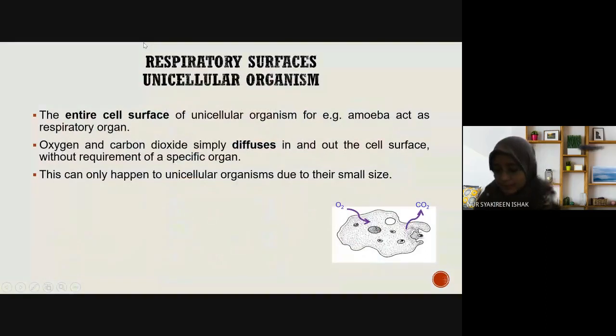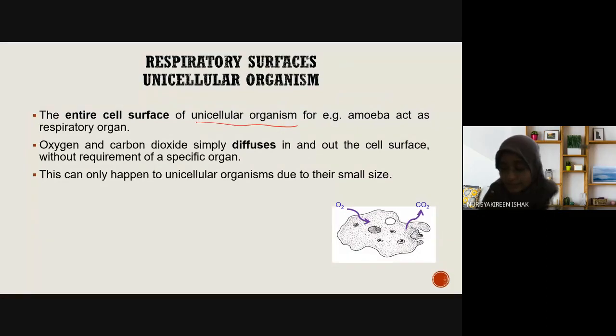Okay, so respiratory surfaces for unicellular organisms. The entire cell surface of a unicellular organism, for example amoeba, acts as the respiratory organ. For example, you have the unicellular eukaryotes, which are one cell organisms. So they depend on the cell membrane as the respiratory organ.